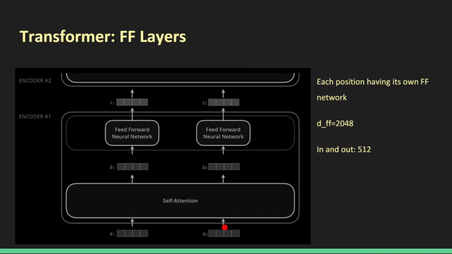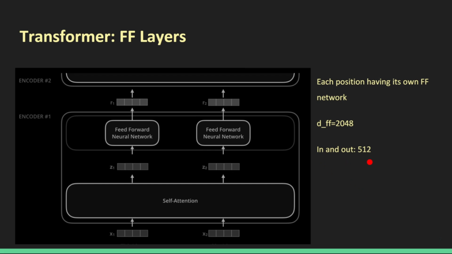All right. As mentioned earlier, the outputs of the multi-headed self-attention layer will go towards the next sublayer, which is a feed-forward neural network. Each Z position has its own feed-forward neural network with a dimensionality of 2048.